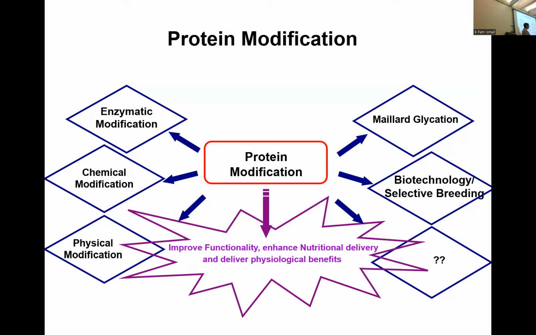Sometimes deliver physiological benefits, like when we produce hydrolysate, we might increase the production of bioactive peptides, for example. Whatever we choose to do, it has to be safe. We have to make sure we're not generating by-compounds that could potentially not be safe.